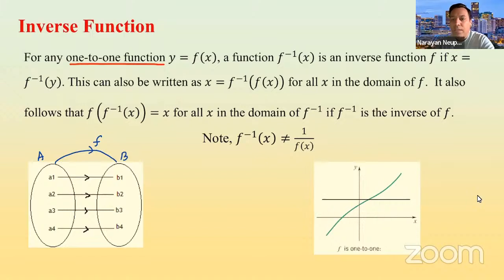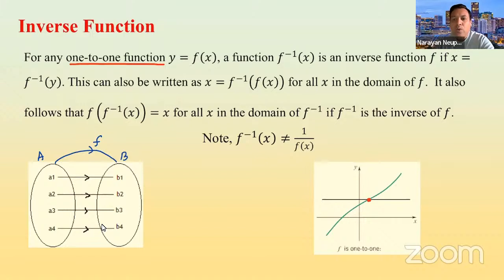We draw the horizontal line, not the vertical line, okay? If the horizontal line crosses the graph at only one point, as you can see here, then this is a one-to-one function. Similarly, the first diagram, where we see one element mapped with only one element, that's also a one-to-one function.